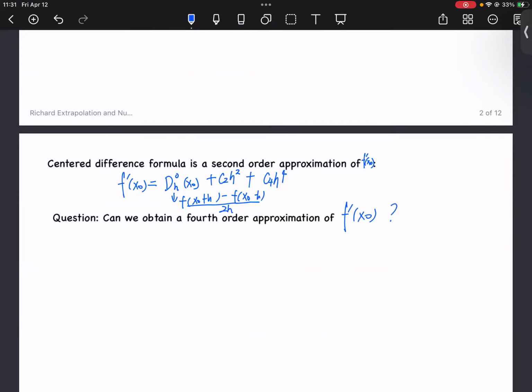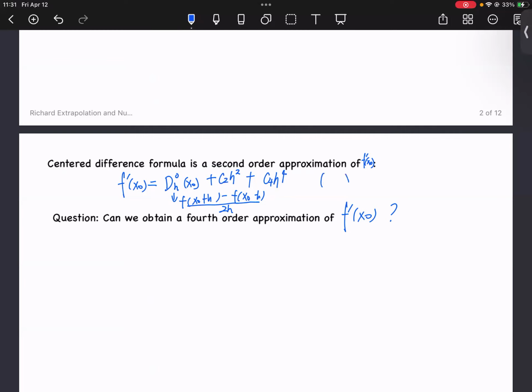Can we make use of the standard difference formula to get a fourth order approximation of the first derivative? Yes, we can. So let's see the magic here. I'm going to use the standard difference formula and do some operations to get a fourth order approximation.